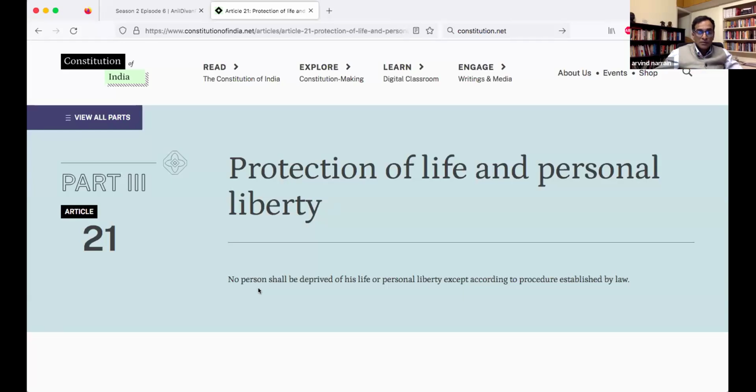Exactly. So if you recall, when we read the preamble, Arvind took you all through Ambedkar's speech, when he critiques Nehru's intervention on the objectives, he says, what is this big deal that you're talking about? This is something part of the Universal Declaration of Human Rights.